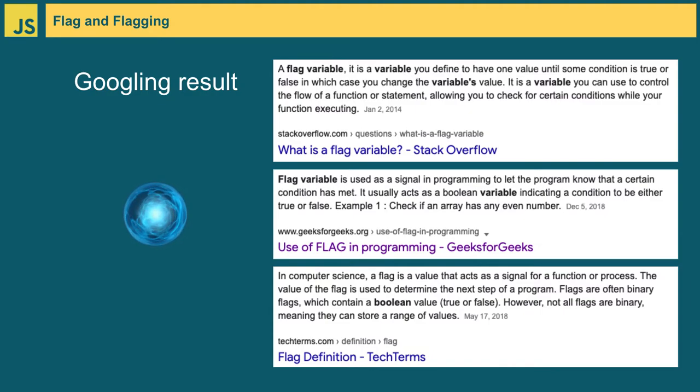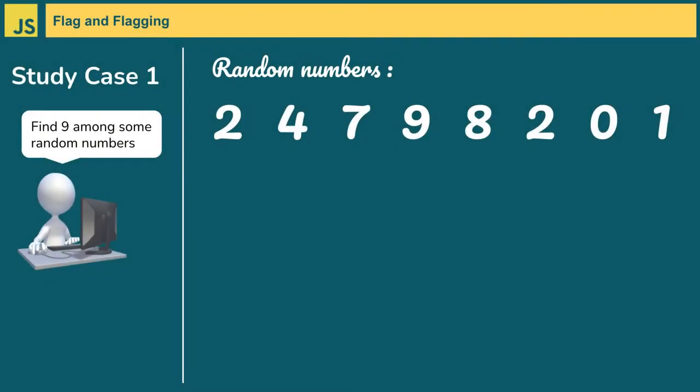Let's go to the case study, shall we? This is a very basic case study to implement flagging, where you have a certain amount of random numbers and you try to find the number 9 among them. We can use flagging, and this time I will use a Boolean type of flag variable to find the number 9.